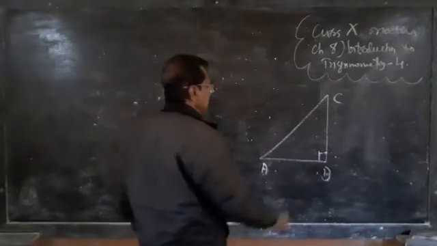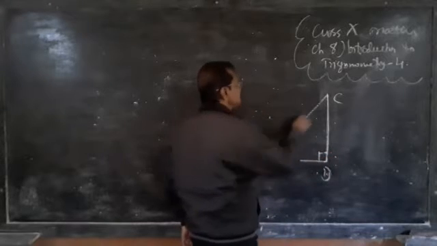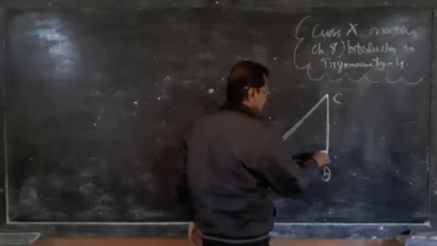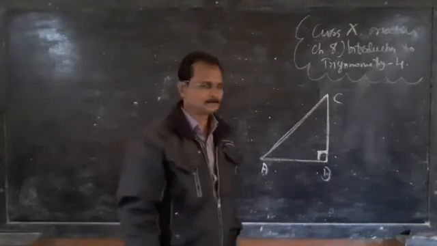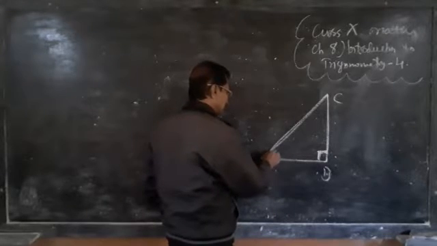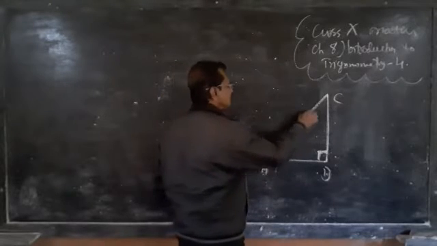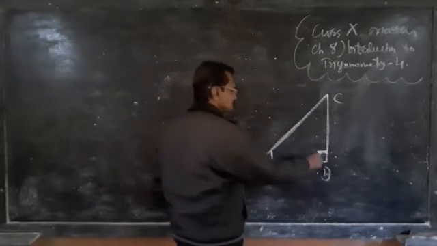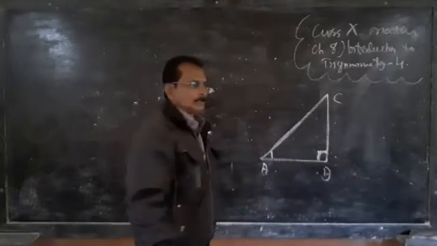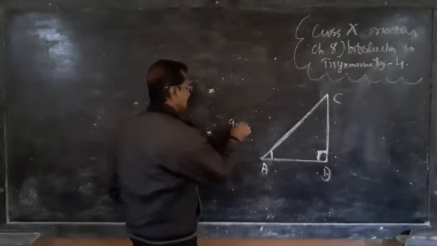I'll tell you. You can see right angle triangle ABC on the board. Angle B is 90 degrees. Now, suppose you refer to this angle A. Then what about this 90 minus A?